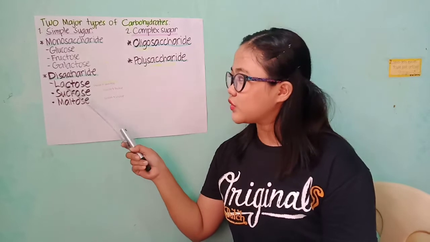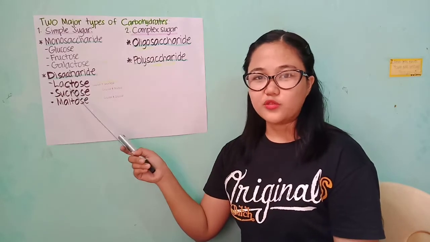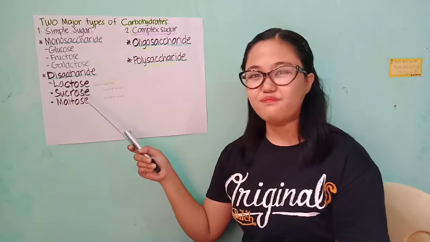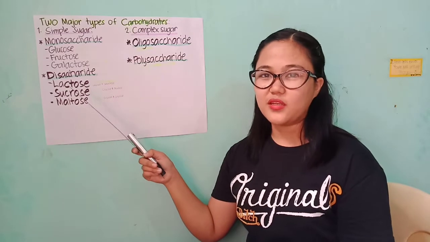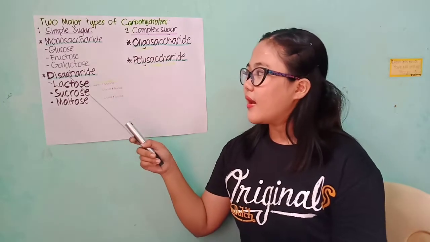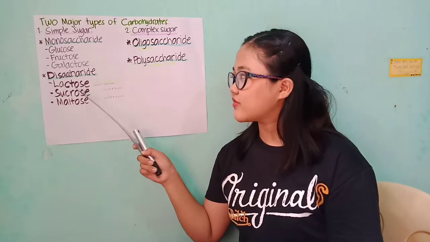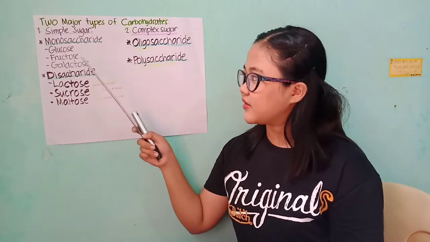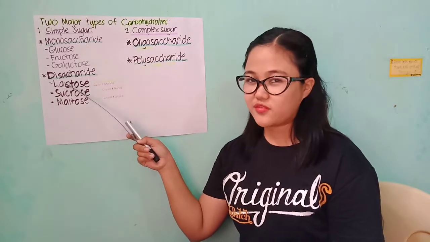Lactose is found in the milk of mammals like cow milk and breast milk in humans. When glucose is linked to galactose, it will form lactose.